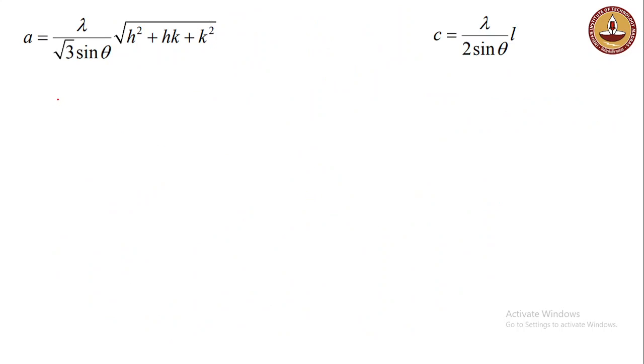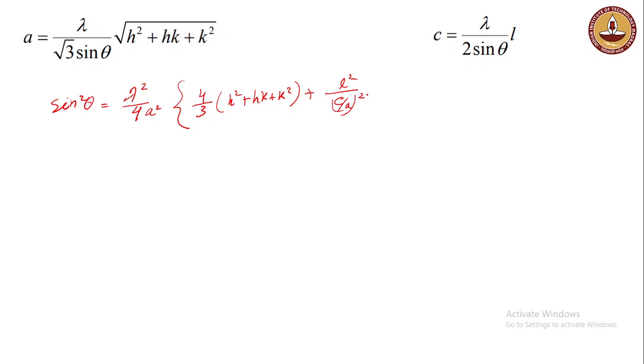We have sine square theta is equal to lambda square by 4 a square, within bracket, 4 third, h square plus k square plus l square by c by a whole square.